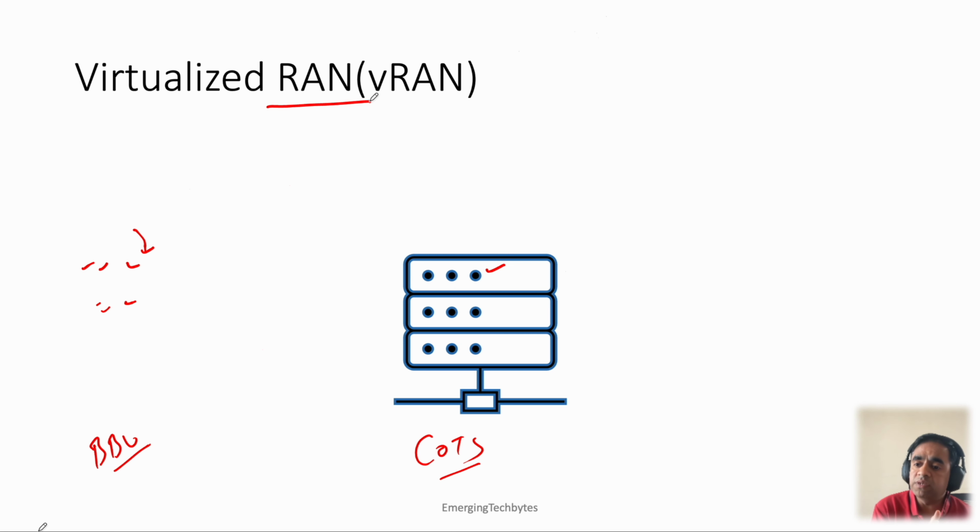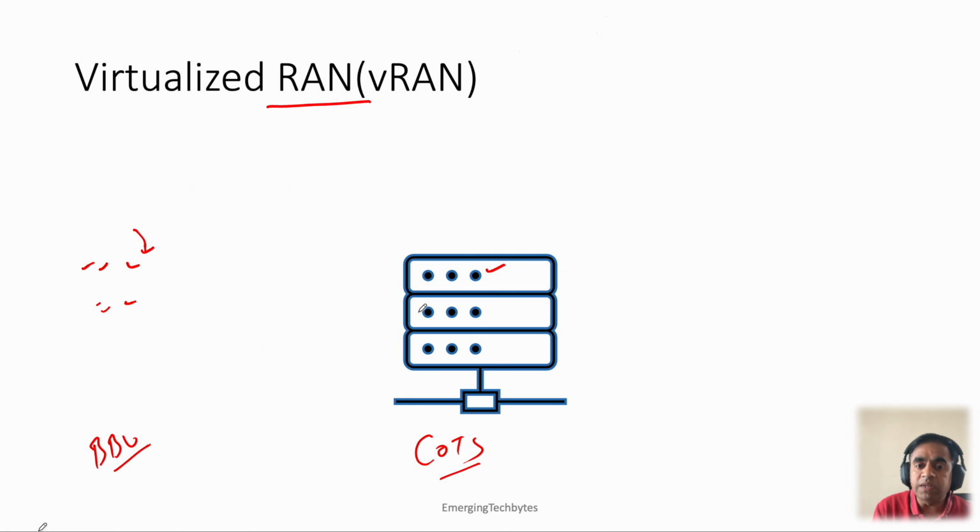Remember in our previous diagram where I was showing you a typical RAN site, to deliver the 5G promises of high bandwidth and low latency, there have to be multiple of those sites, right?